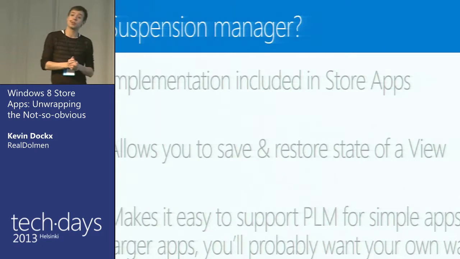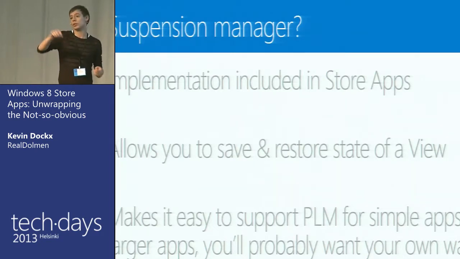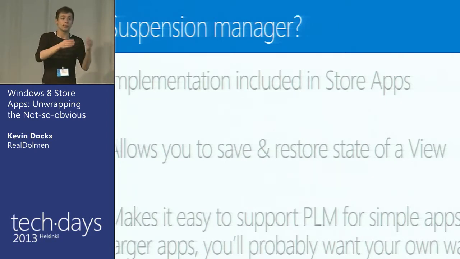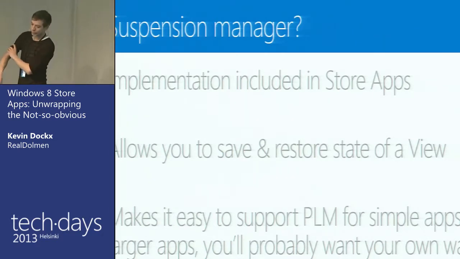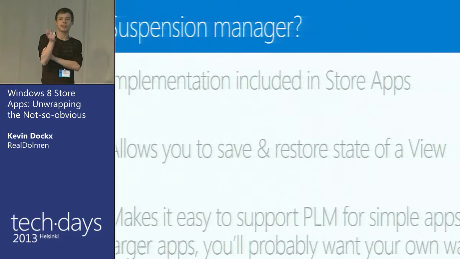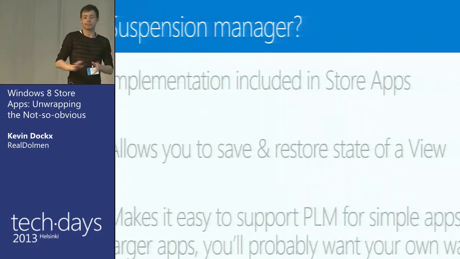But if your app gets terminated, well, next time the user starts it up again, your app effectively starts up again. So you need to automatically navigate to the page the user was on before to give him the impression that the app was still running. So the suspension manager can do that for you as well. It can save the page you were on. And that's where this problem arises.